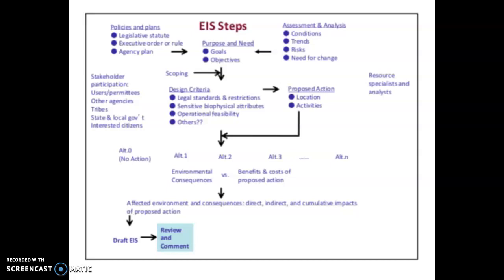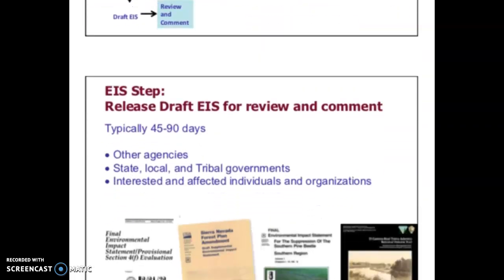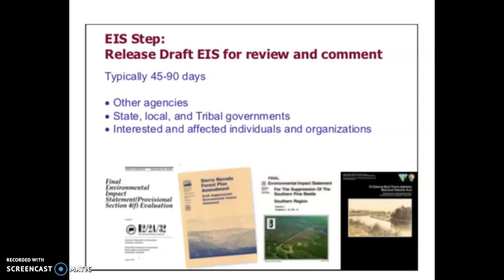So once a draft EIS is written, it will be released and reviewed for comment. This typically lasts anywhere from 45 to 90 days. Comments are received from other agencies, state, local, tribal governments, and interested and impacted local people.